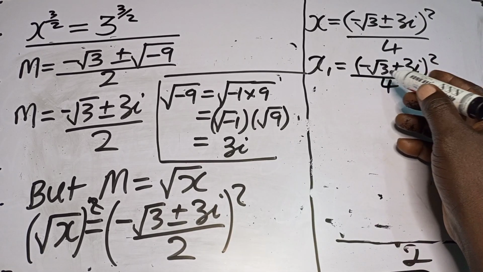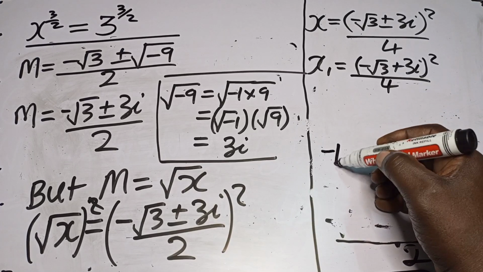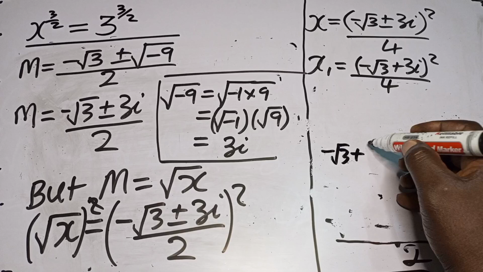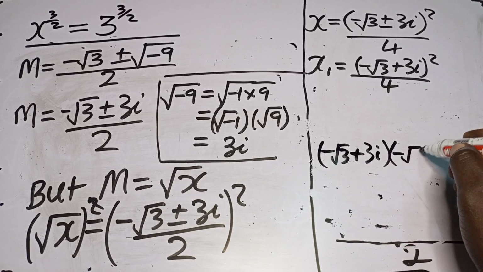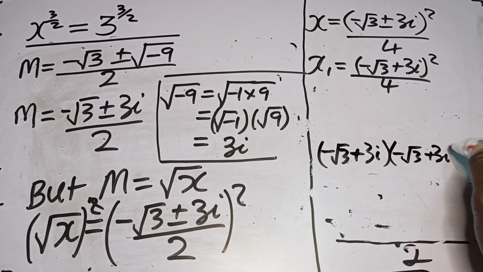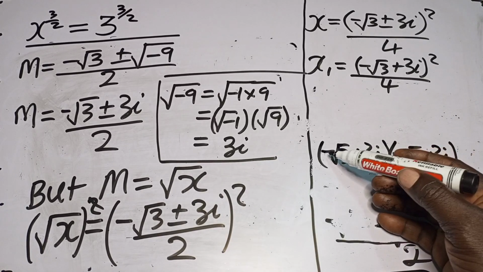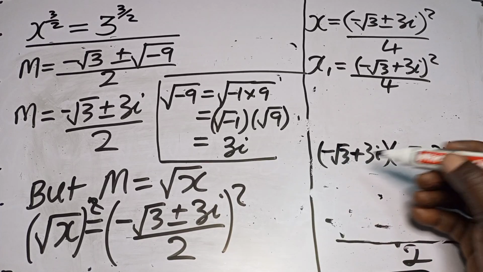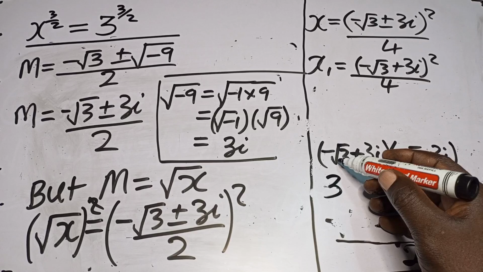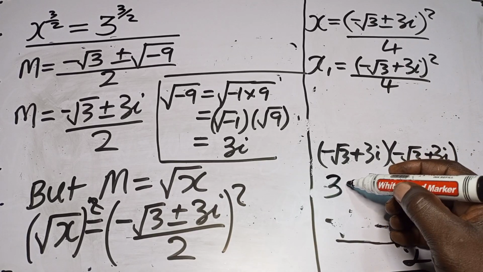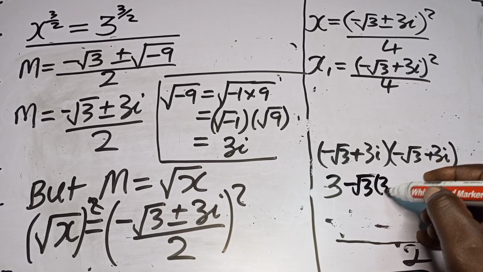Now, what is negative root 3 plus 3i squared? Let's do it separately here. It will simply be negative root 3 plus 3i multiplied by itself. Negative root 3 multiplied by negative root 3: negative times negative is positive, root 3 times root 3 is 3. Negative root 3 times 3i gives negative root 3, 3i.